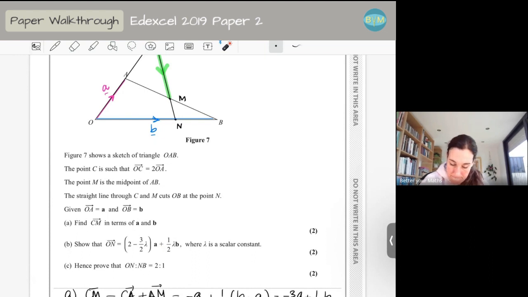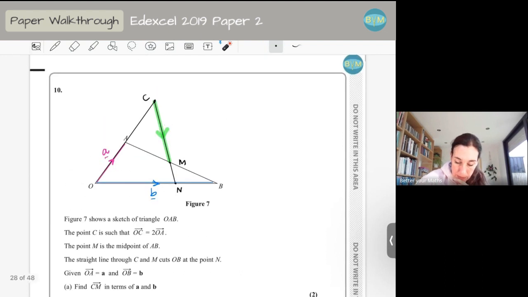ON, we can use OC plus CN. OC is 2A, yeah? And CN, we just found this vector, and CN is just going to be a scalar multiplied by this vector. That's where that lambda appears.